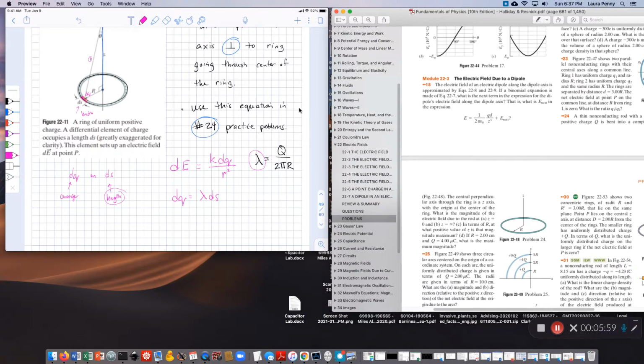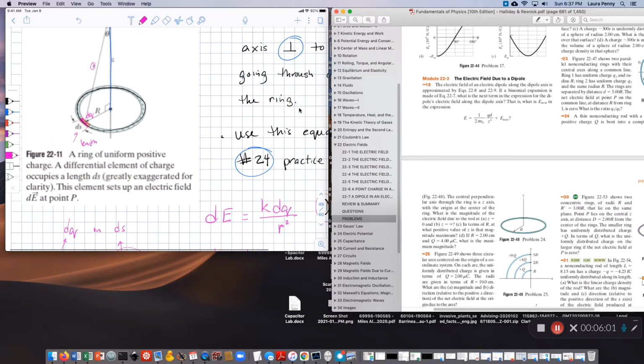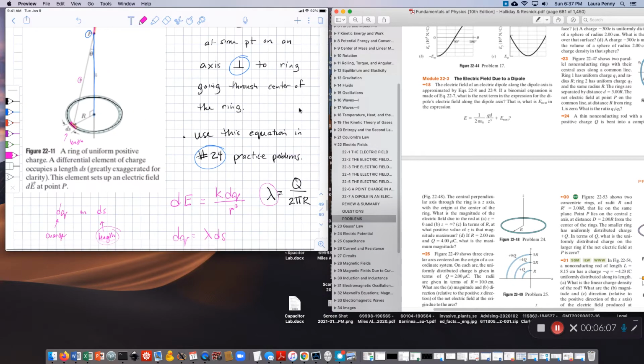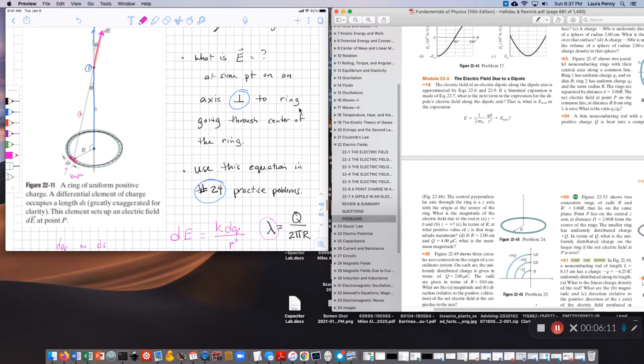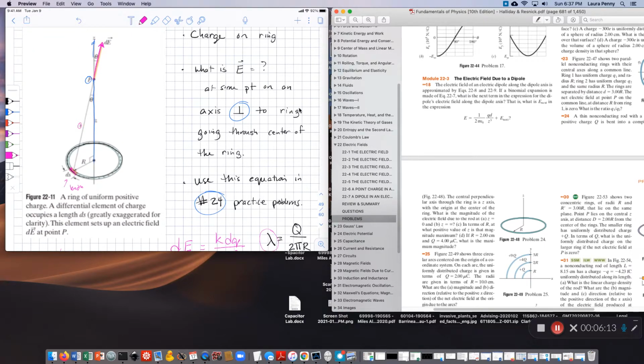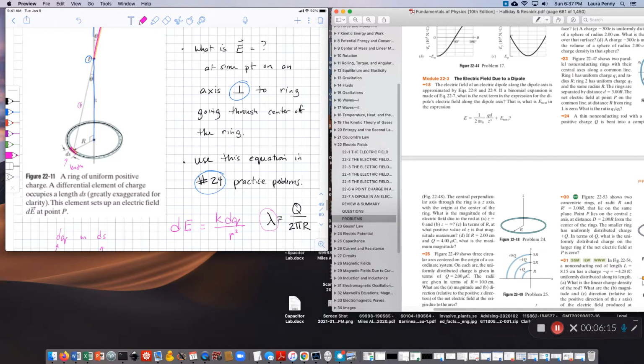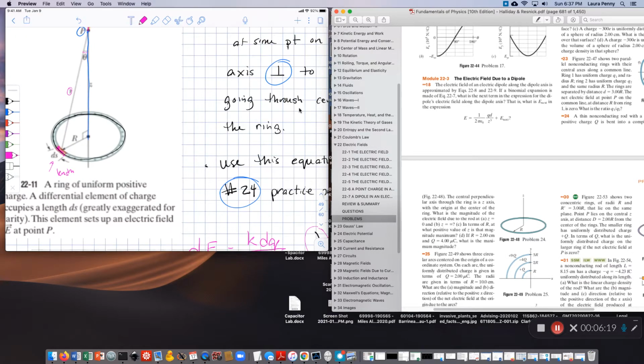And ds itself can be written in terms of... I'm going to erase this little dq section here. We already have certain things here. We have a z component going up away from this circle, and we have this theta, but there's a third angle here. There's an angle that goes from here to here, the angle of how far around the circle we are.